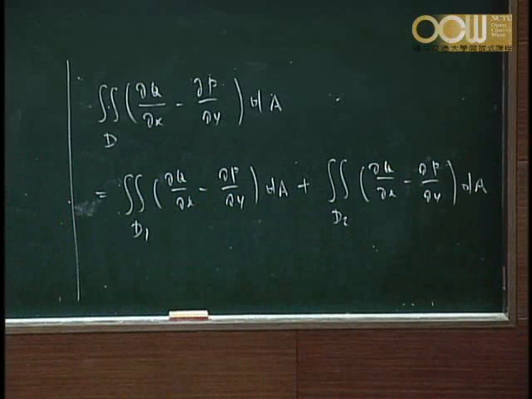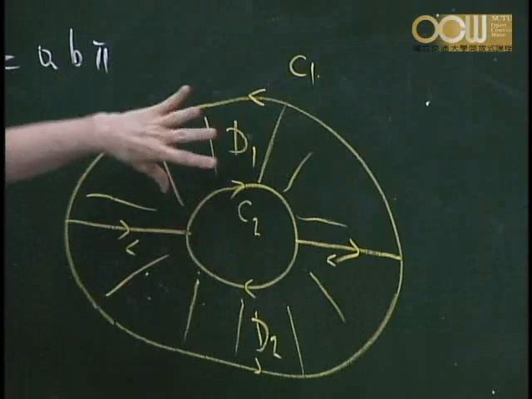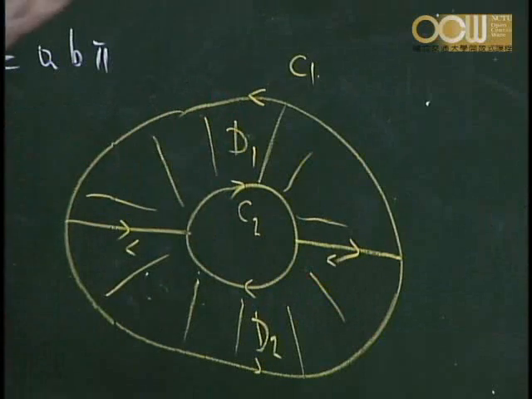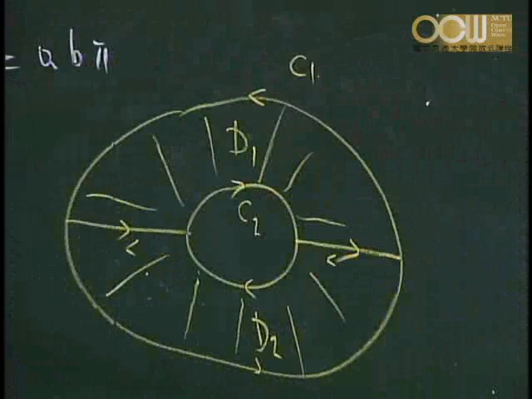You see that for D1, if we walk like this, the plane region is always to the left. If we stretch out the left hand, it points towards D1.